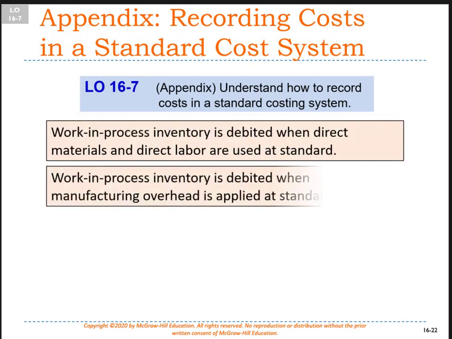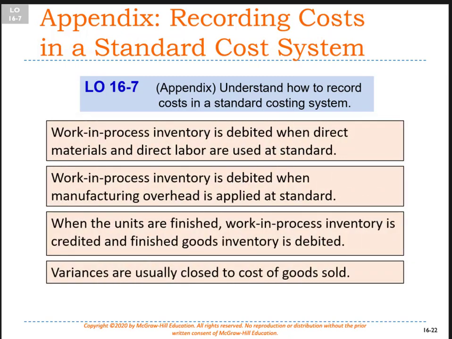Now, in the appendix to this chapter, and we're going to review this a little bit more in chapter 17, is recording our costs using the standard cost system. So some companies, not all companies, use standard cost only for evaluation purposes, like we just did. Other companies will actually make journal entries using a standard cost.